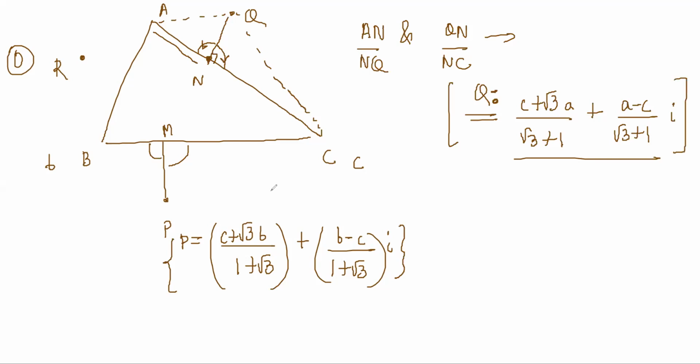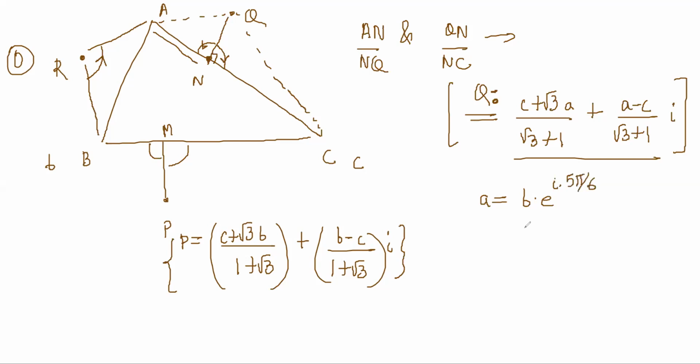Now, suppose we know P and all. So how will we get A and B? A and B, we knew from the beginning that it was a 150-degree rotation, right? So basically, which is the more anti-clockwise side? A is the more anti-clockwise side. So A is equal to B into e power i into 150. 150 is 5π/6, right?